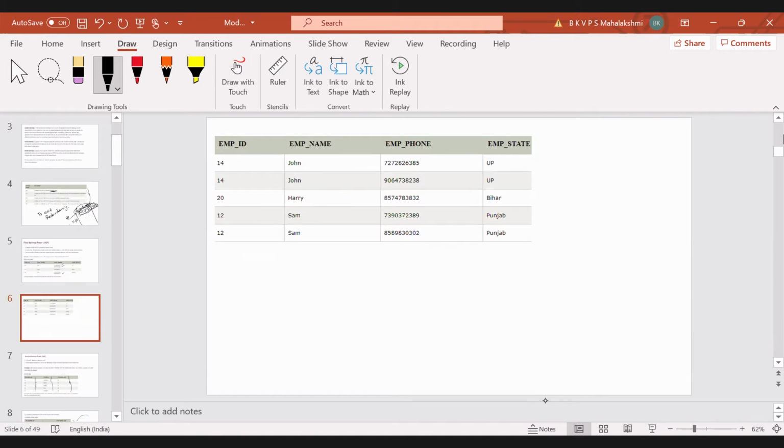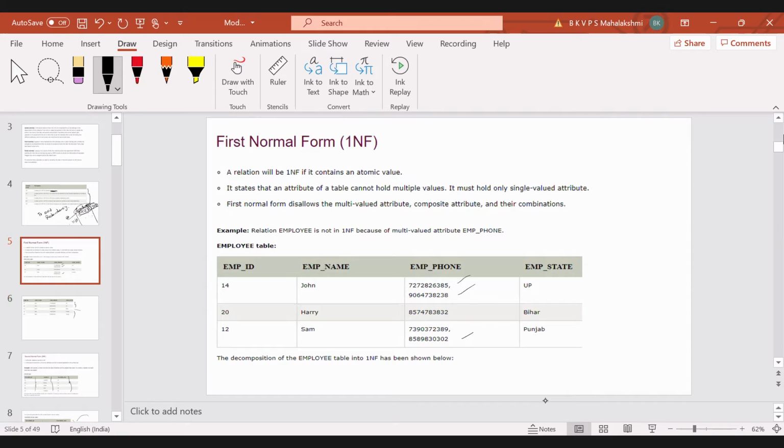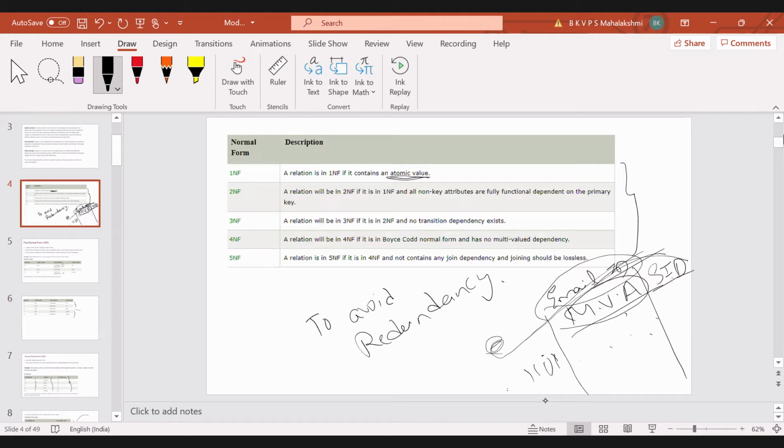See here. Yes, it satisfies 1NF now because all the attributes consist of only one atomic value. So this is what 1NF is. Whatever relation they have given in the question, you just remember this definition.